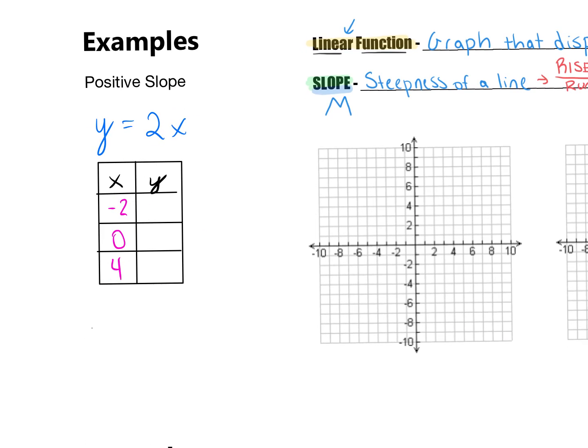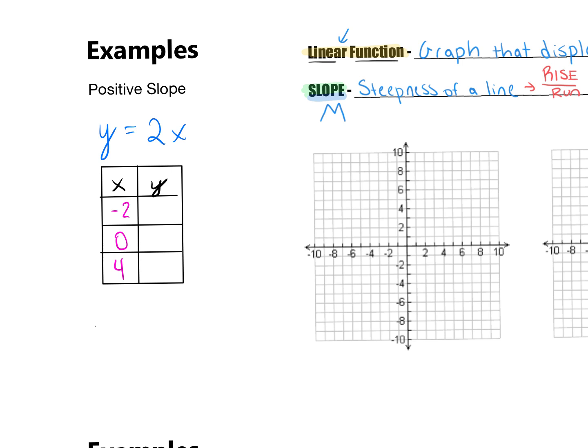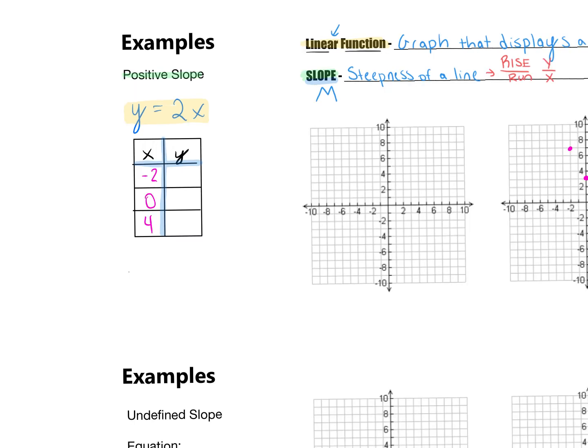So the first slope, open your box that says positive slope, and we're going to write down this equation, y equals 2x, 2 times x. Then make yourself a little function table for your x and your y coordinate. When we are plugging in here, each time I want you to write your equation down, just like when we did our checking step, right?